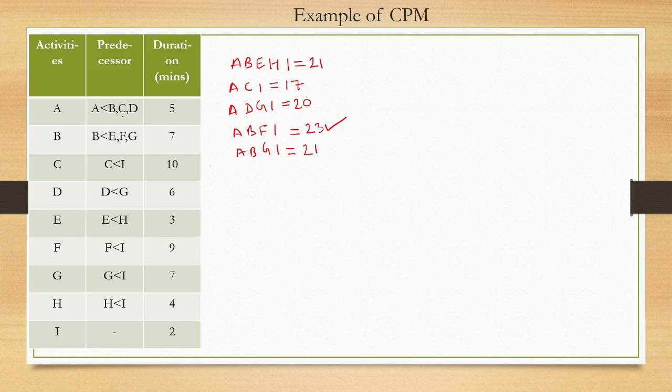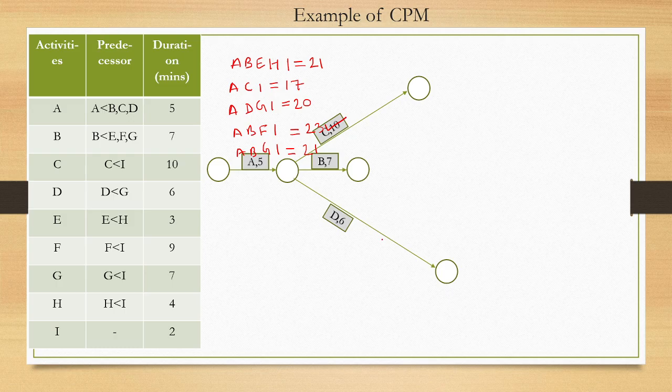A is predecessor of B, C, and D. So A is here, and it is predecessor of B, C, and D. B is predecessor of E, F, and G. So E is here, F is there.